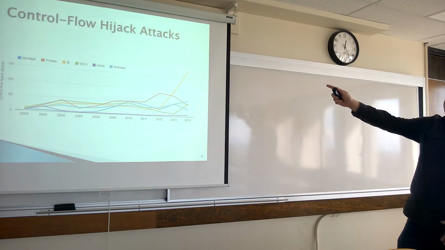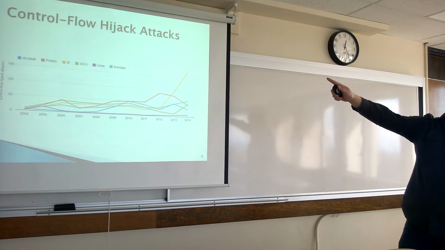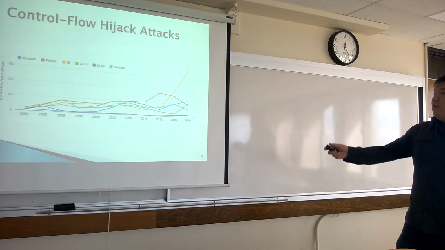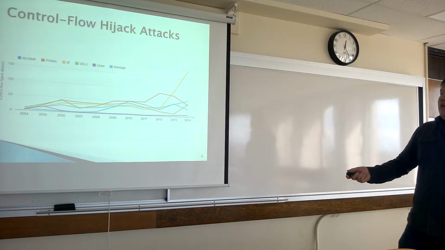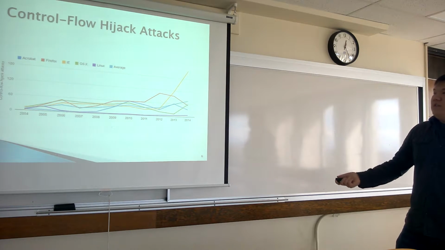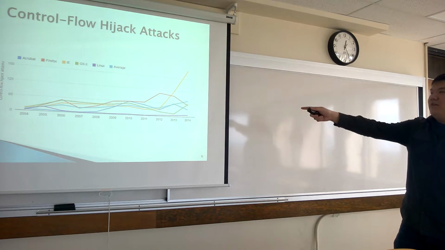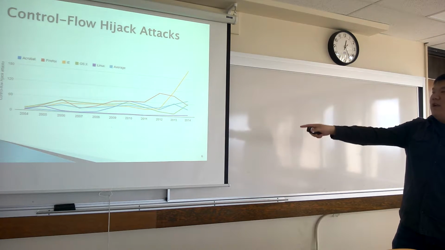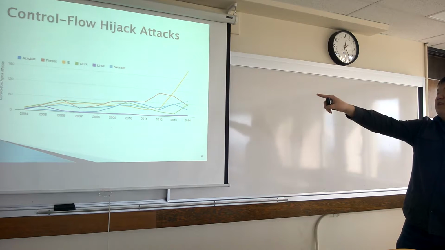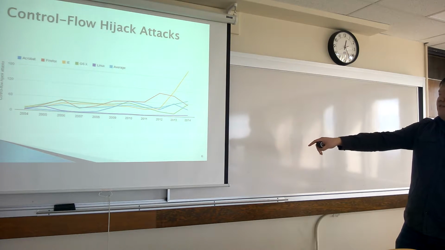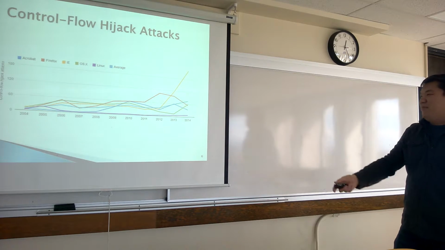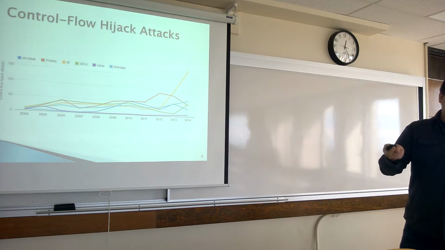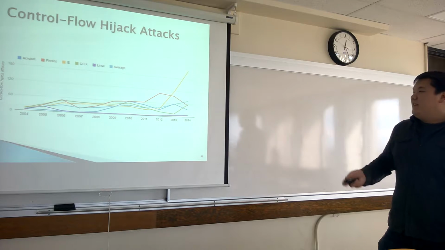That's what they presented. It was actually off the graph and off the numbers. So control flow hijack attacks are still very big, especially in browsers, especially IE. You can see Firefox there, and then some of the operating systems, OS X and Linux, and then Adobe Acrobat as well, because everyone likes to attack Adobe Acrobat.